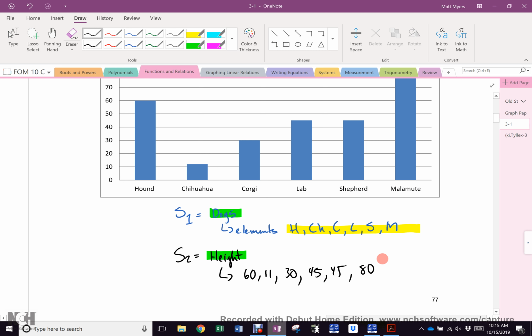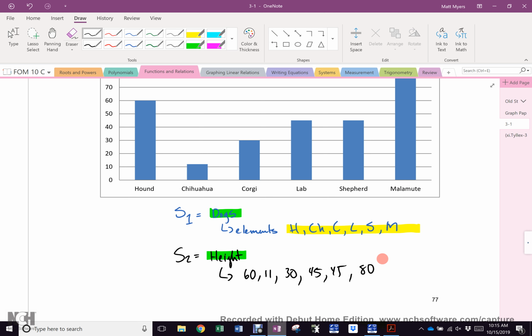So right now, I have two sets on a graph, yes? Do I have a relation yet? Have I compared the two? If I ask you this next question, how tall is the average hound? Have I made a relation now? Why, Jade? Why does the question, how tall is the average hound, make a relation?